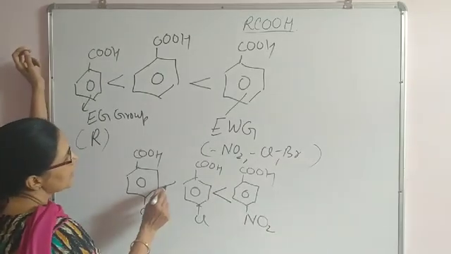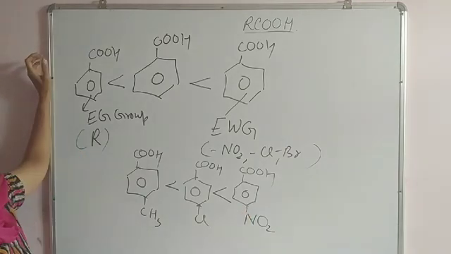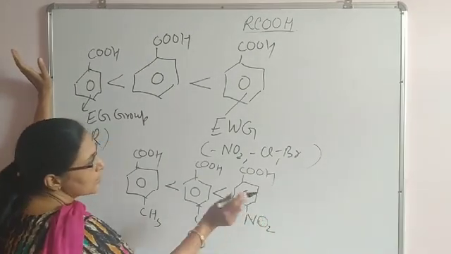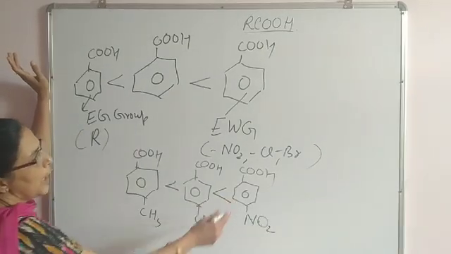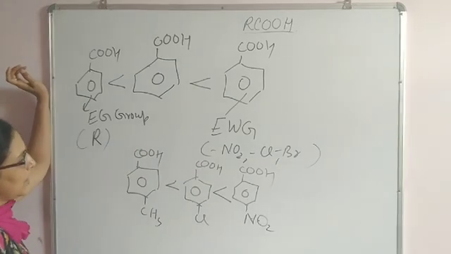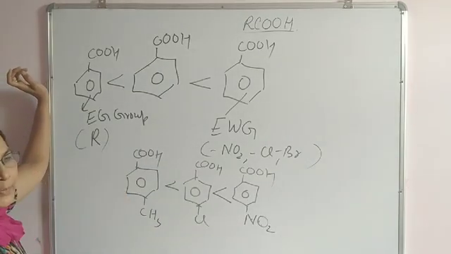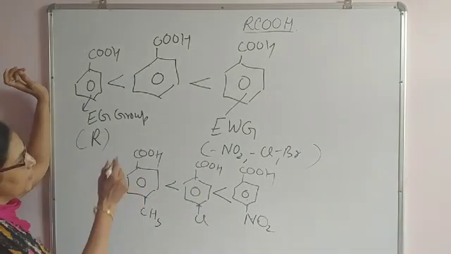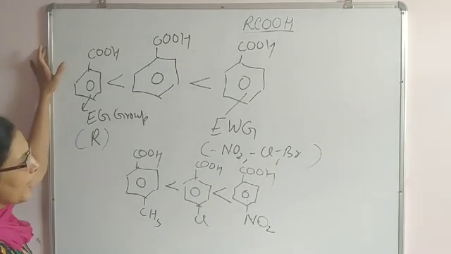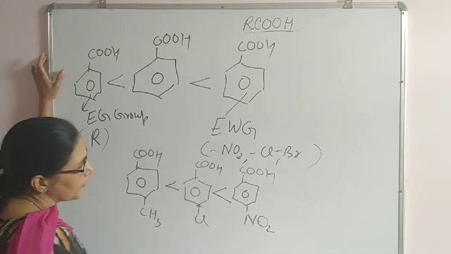Easily you will judge that NO2 shows the minus I effect more effectively. So what will happen? It is highly acidic in nature as compared to chlorobenzoic acid and as compared to methyl benzoic acid.